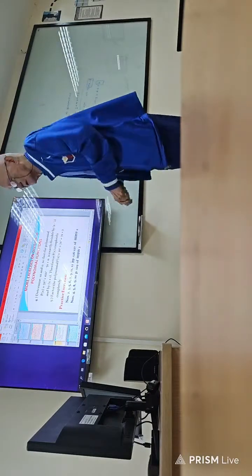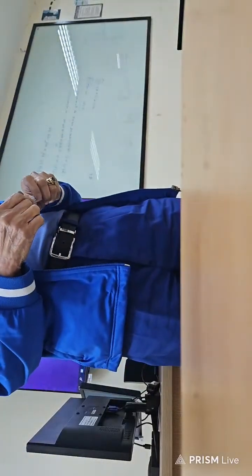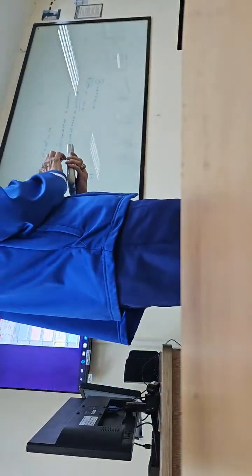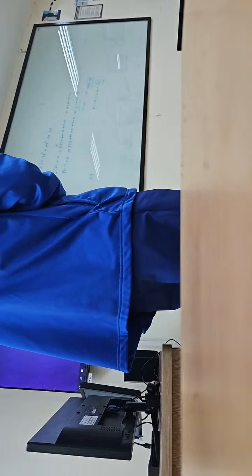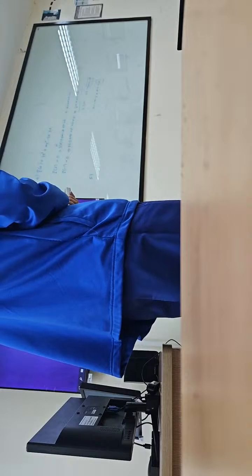Key in the polynomial, then go to calc and then value. The polynomial is 2x³ + 7x² + 7x + 2.